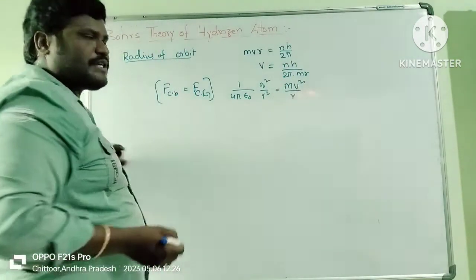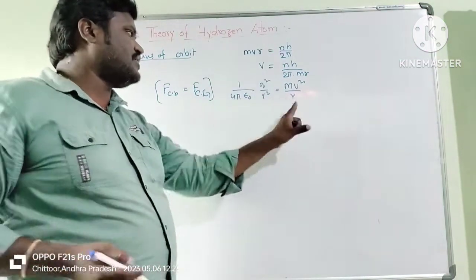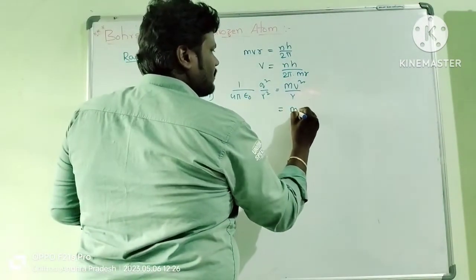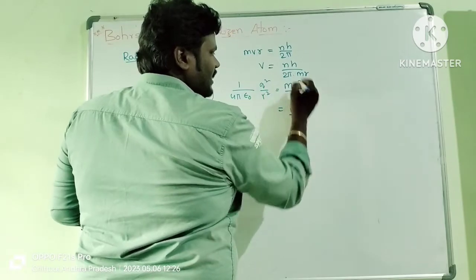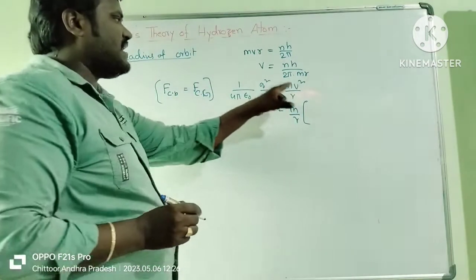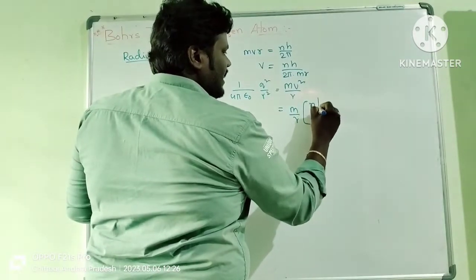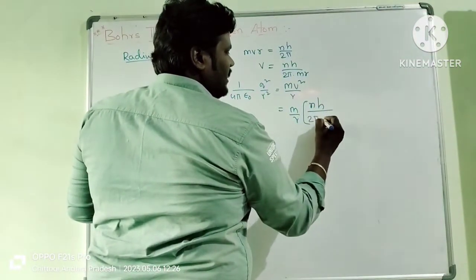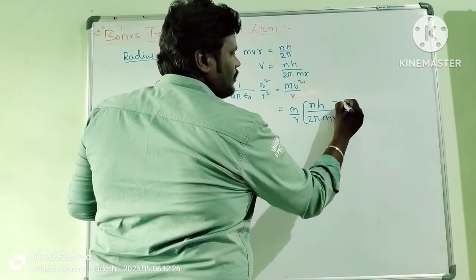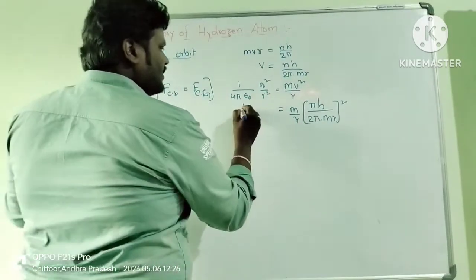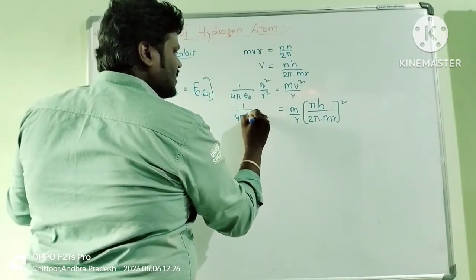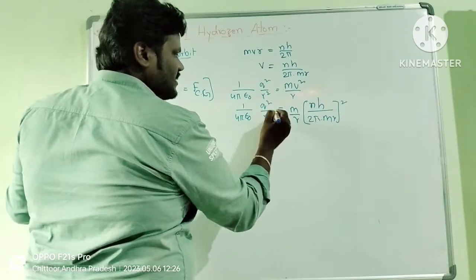Now I am going to substitute this v value in this equation. Then m by r into nh by 2 pi m r, whole square, equals 1 by 4 pi epsilon naught q square by r square.